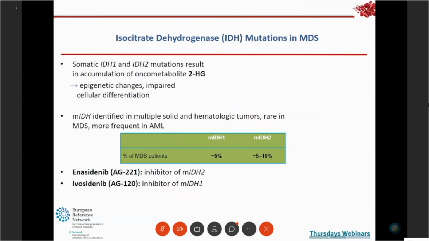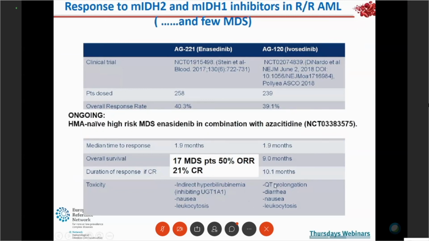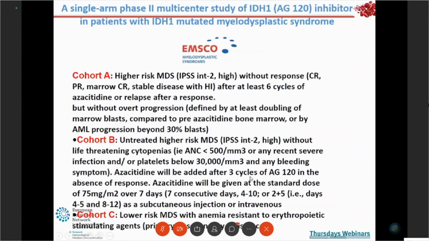They have been approved for AML carrying this mutation, but I hope that the data published by Ettenstein in Lancet Hematology a few months ago will prompt the approval of these drugs for target therapy in MDS, because as you see, 50% of them got response. And this is why we are carrying on with studies based on the presence of, in this case, IDH1 mutation.